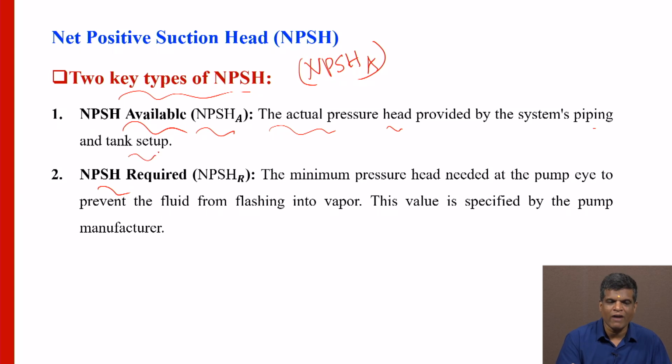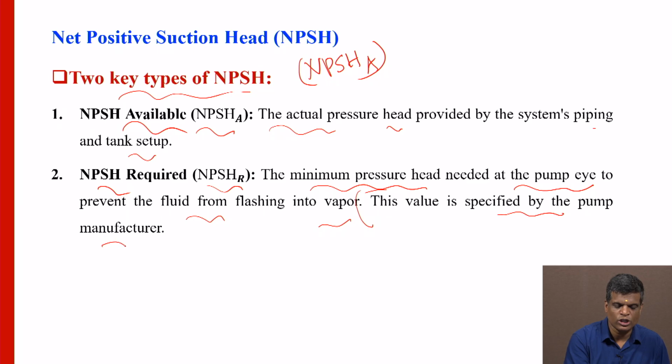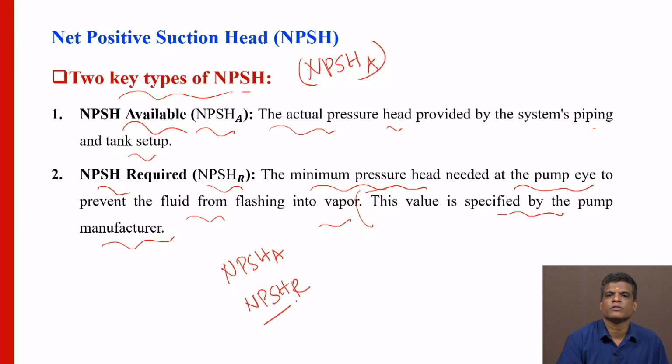Required is the minimum pressure head needed by the pump to prevent the fluid from flashing into vapors. These values are normally specified by the pump manufacturer, who gives them whenever they supply a pump. So there are two values, NPSH available and NPSH required. These are the two very important key types of net positive suction head.